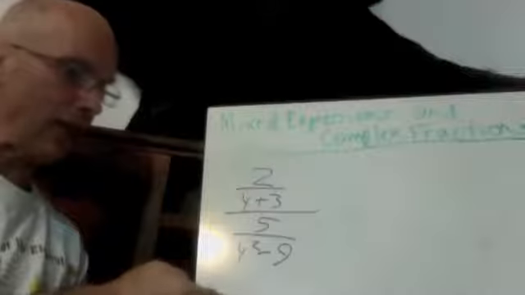Okay, so first thing I'm going to do is let's write that out. And it's going to be this divided by this. So really what I'm going to do is I'm going to flip this and make it multiplication, right? So times y squared minus 9 over 5.